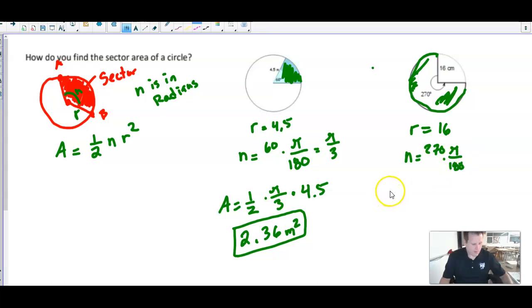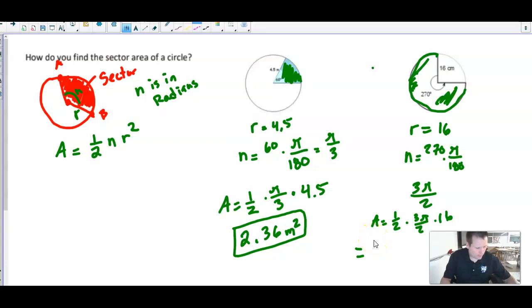And so I've got to simplify that, and that gives me 3/2, so it'll be 3 pi over 2. And so for my area, it's just going to be 1/2 times 3 pi over 2 times 16 squared. And so we're going to do that.